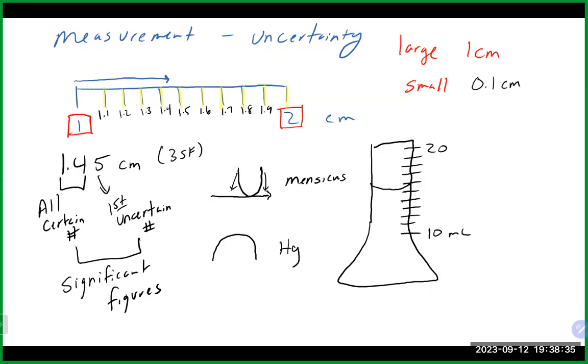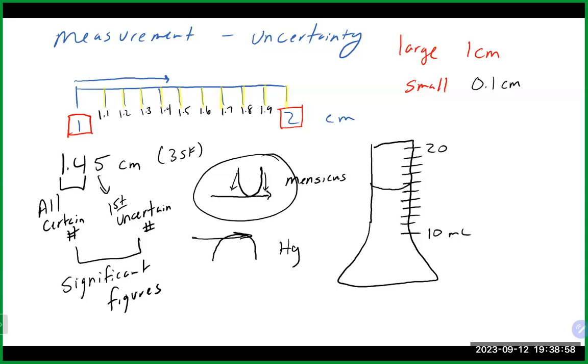The attractive forces between mercury and itself are actually stronger than between the glass and mercury. So it kind of goes in on itself. Once again, in this case, we would read from the top of the meniscus, because that's actually where the volume would be. But probably 99 times out of 100, you're going to see the U-shaped meniscus.